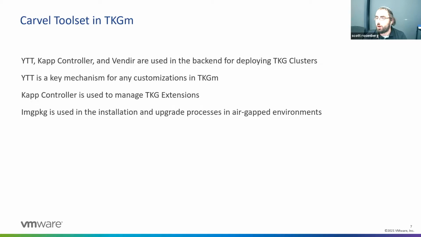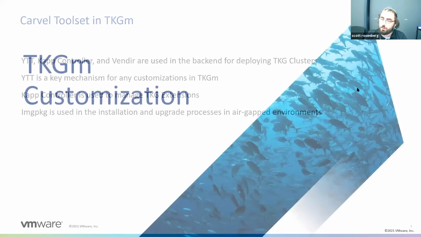All of those are used in the backend for deploying TKG clusters. YTT is going to be the key mechanism for customizing TKGm and what we'll go through today. Imgpkg is another tool from this, which is used in some use cases, especially in air-gapped environments.